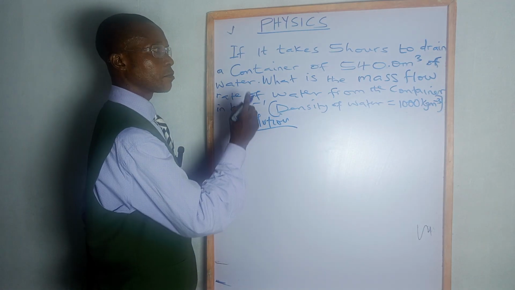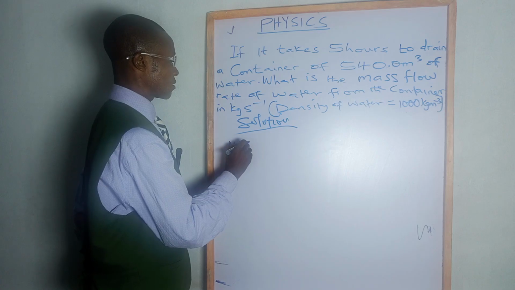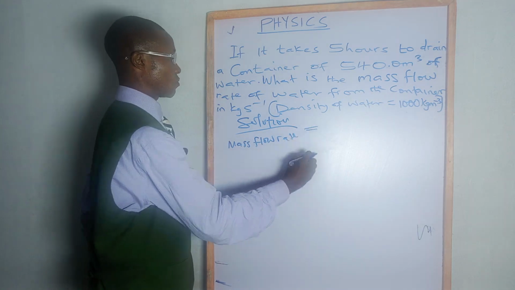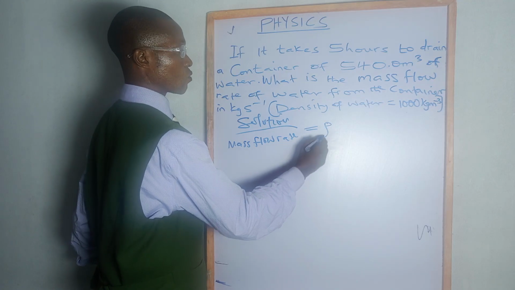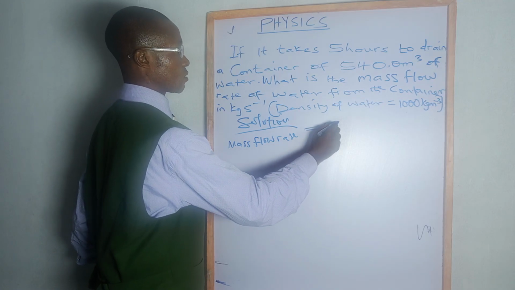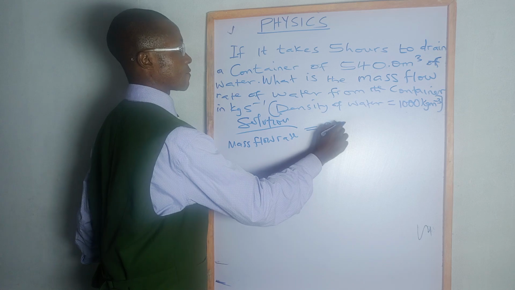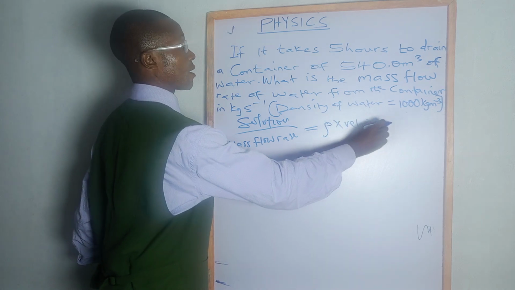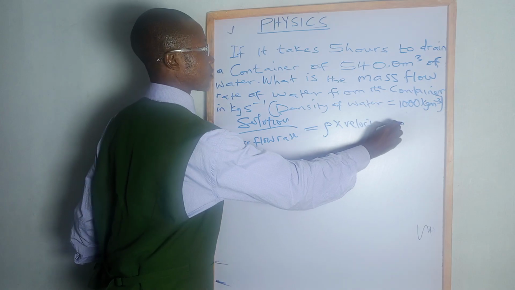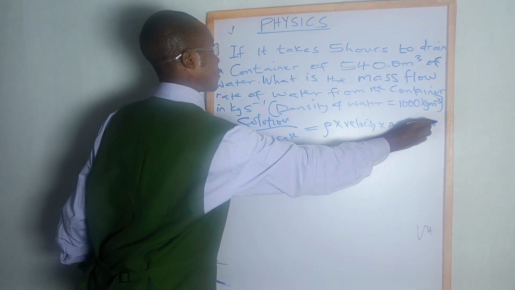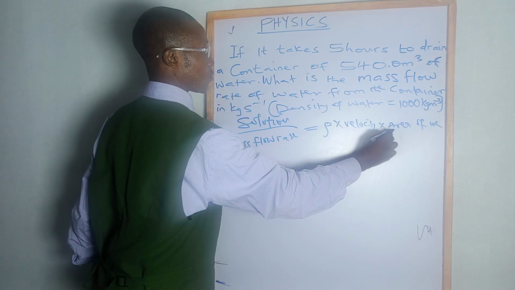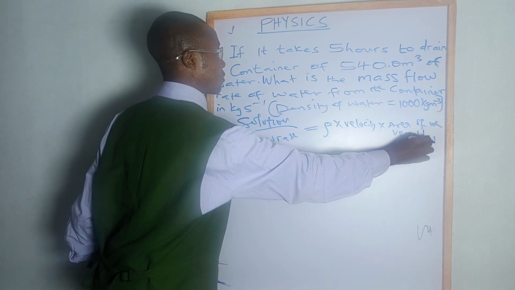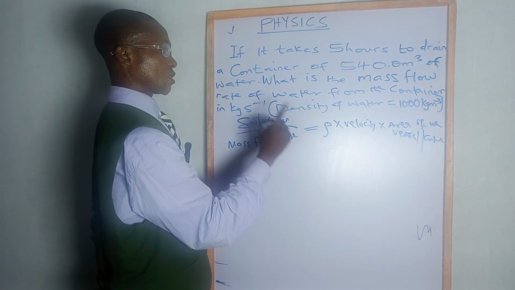So for the mass flow rate is equal to rho, that's the unit of density, multiplied by the velocity, multiplied by the area of the vessel or container, whichever one.